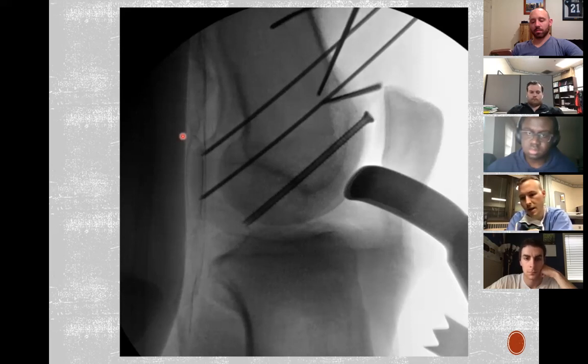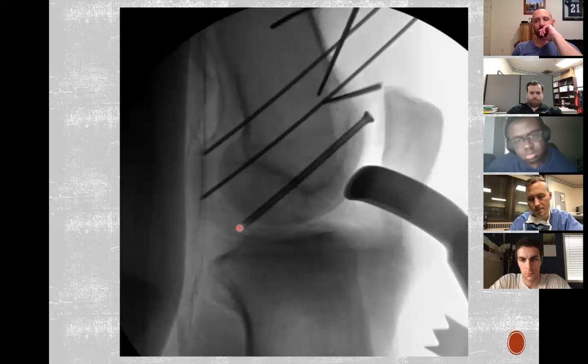So we cleaned that out, and then we reduced it, like a jigsaw puzzle, put it together. We used some wires to stabilize it, and once we had it in position, we put in a couple of cannulated screws. If you remember that fracture line was this way, so this screw is crossing it perpendicularly in order to stabilize that.